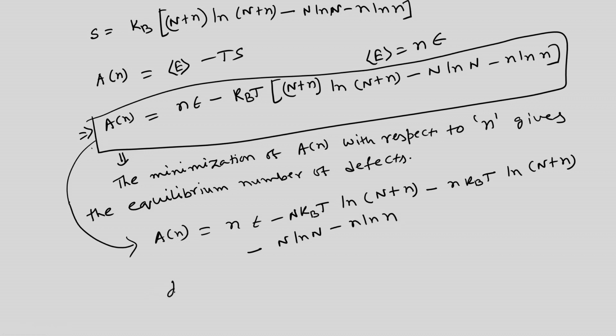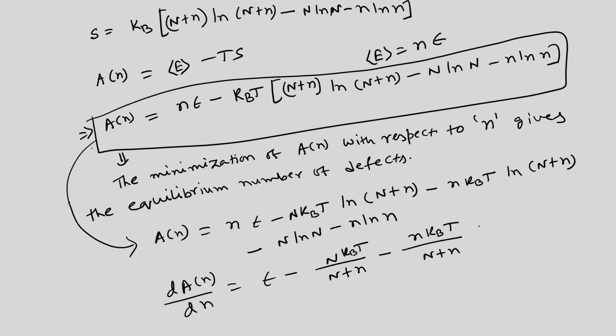Now, if we differentiate A with respect to n, we get epsilon, first n epsilon gives epsilon, and then we have (N plus n) times kBT by (N plus n), minus kBT times ln (N plus n), minus 0, minus ln n, minus n times 1 by n.